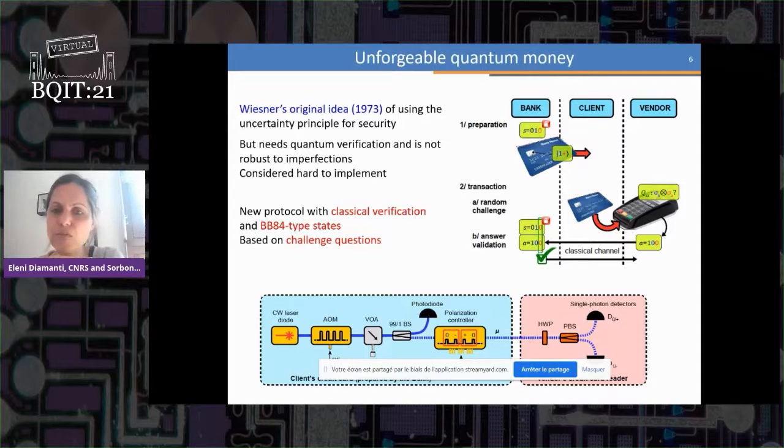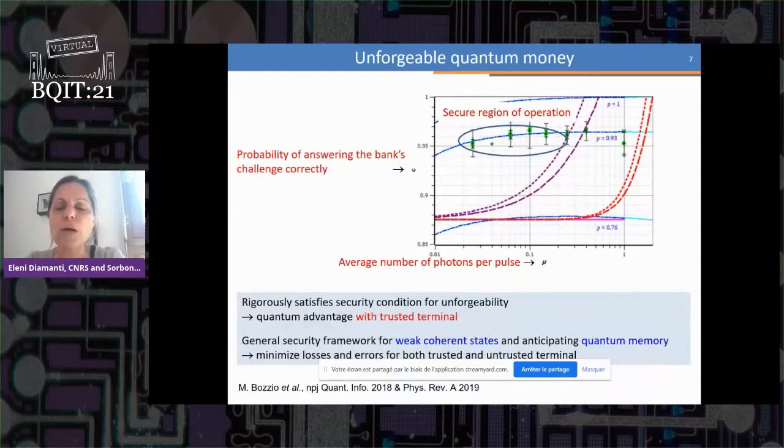So the implementation here as well was based on, let's say, a QKD type protocol, but with more subtleties. In particular, the average photon number per pulse had to be a lot lower than in typical implementations. And so you come up with a secure region of operation where you can show that the probability of answering the bank challenge correctly is a function of several experimental parameters, and you can show that it's strictly bigger than what you would have in a classical scenario.